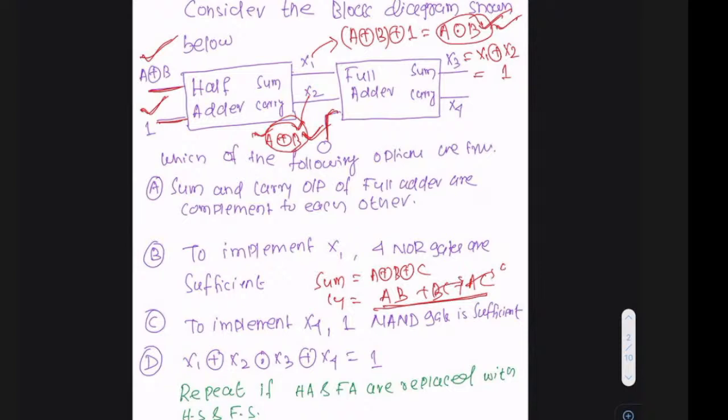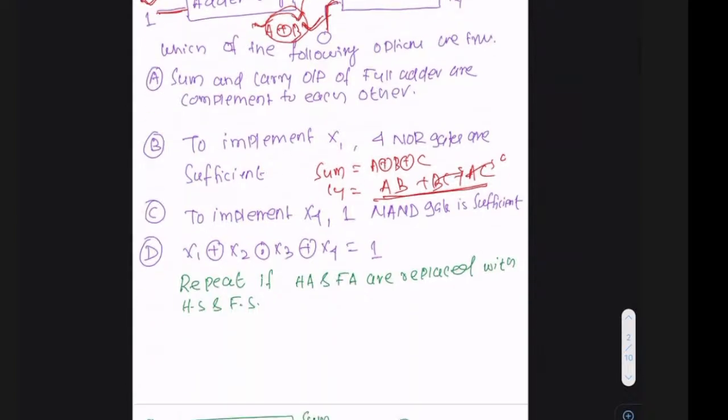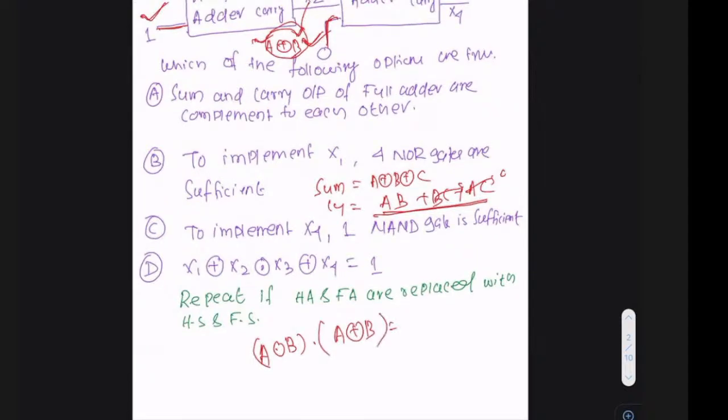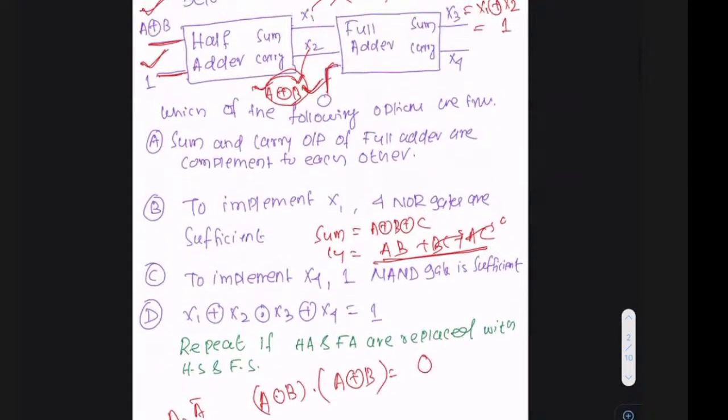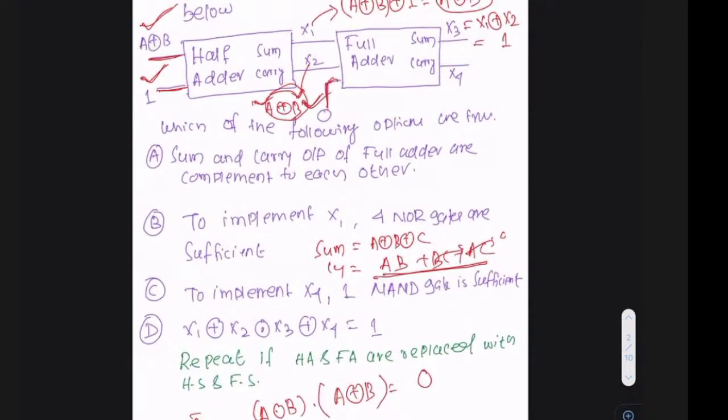So it is basically AB, the AND combination of X1 and X2. That means A XNOR B ANDed with A XOR B. This is something like A ANDed with A bar, which is basically 0.